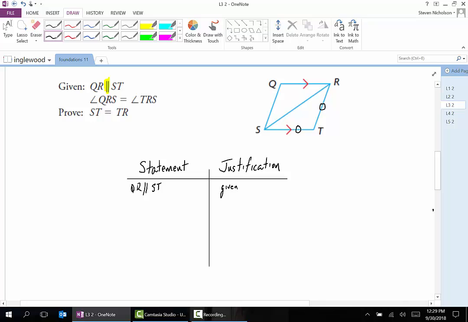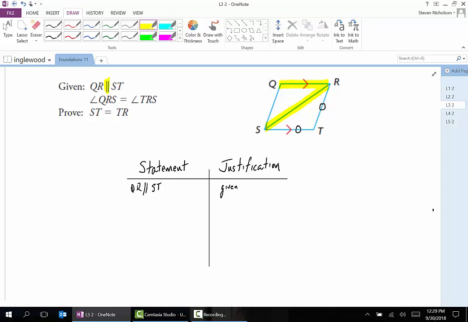Now, in reading angles, always start with the letter, go to the middle, and then finish off on the last letter. So angle QRS, here's our Q, and we go to R, and we go to S. I kind of think of shoulder, elbow, hand. Angle QRS is that little angle up top.